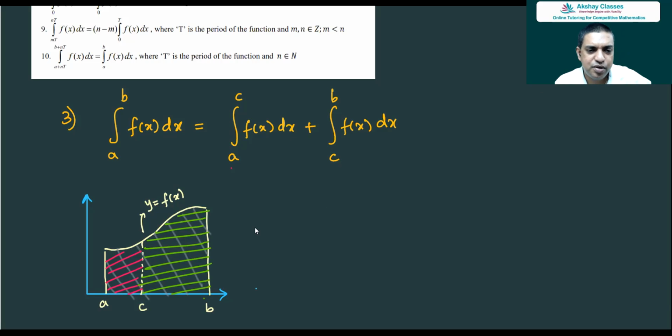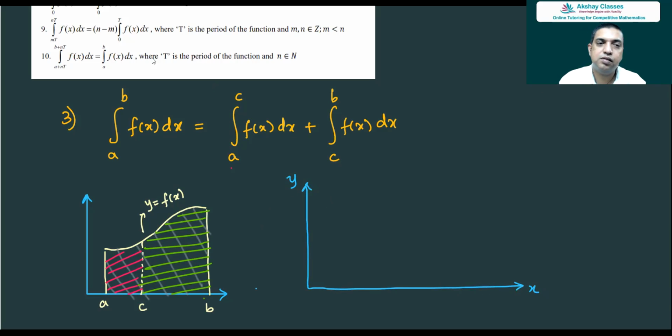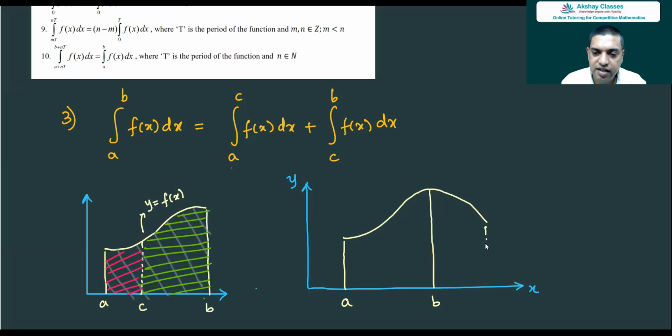Now let us look at the second possibility in this. Now let us say this is a to b, but the function extends to, this is a, this point is b. Now let us say c is this point.